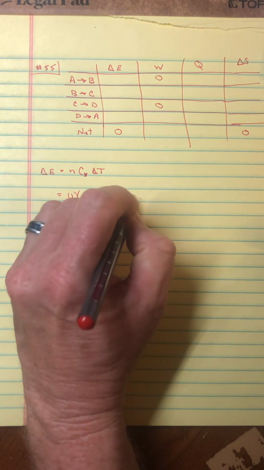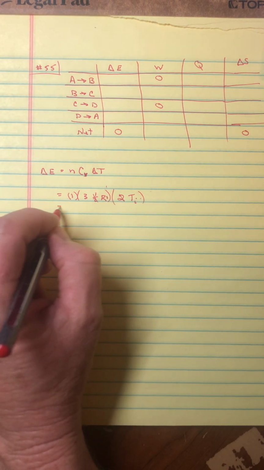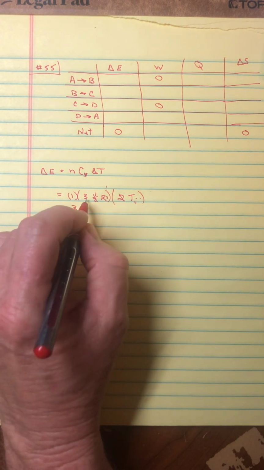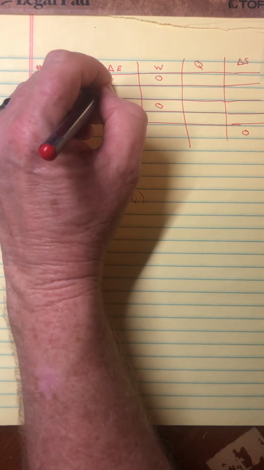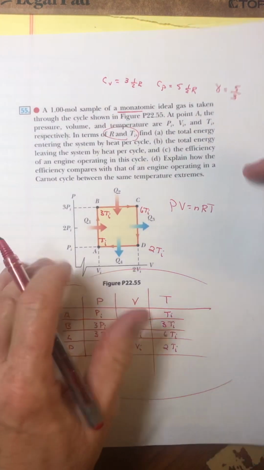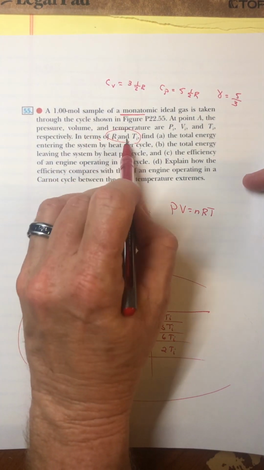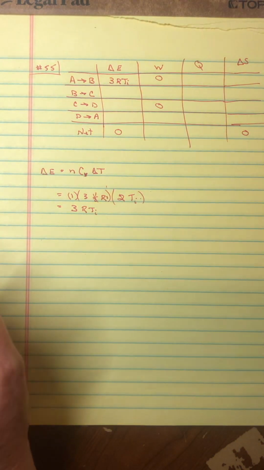So this would be 2T initial. And then I guess the 1/2 and the 2 would cancel off, and we would be left with 3RT initial. And so I'll put that right here, and I think I'll be kind of answering their question in terms of R and T, find, and then it asks for a bunch of things.